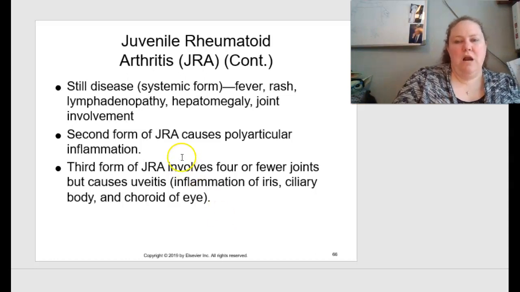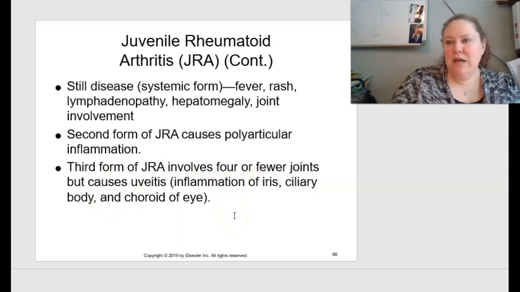A second form of JRA can also cause polyarticular inflammation, and a third form of JRA involves 4 or fewer joints, but it can cause uveitis, which would be inflammation of the iris, the ciliary body, and the choroid of the eye.